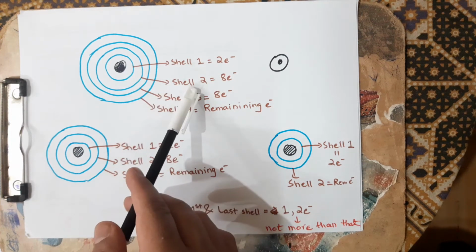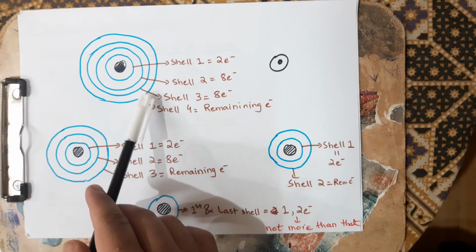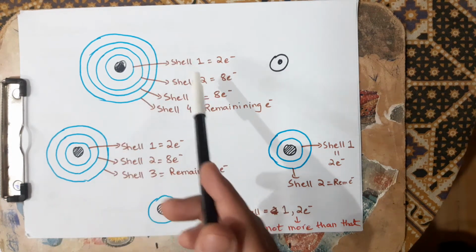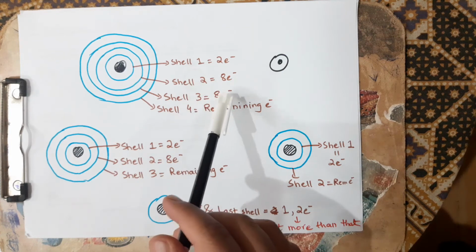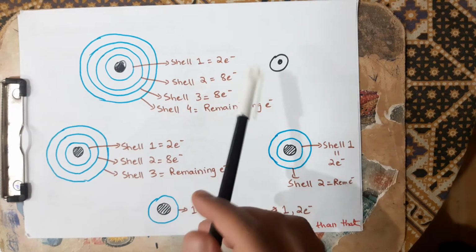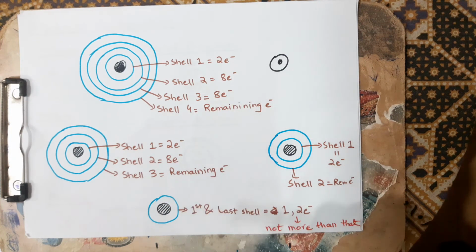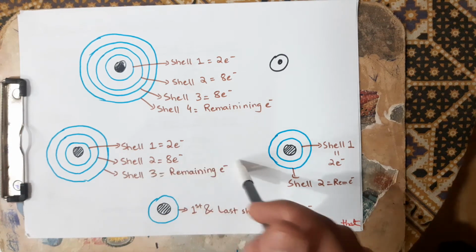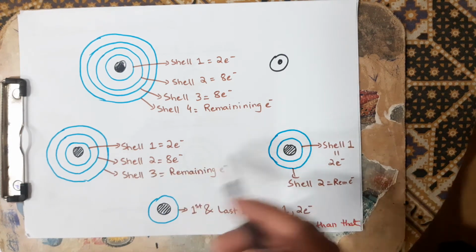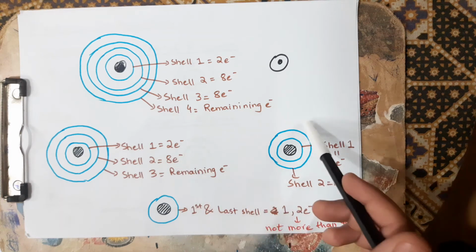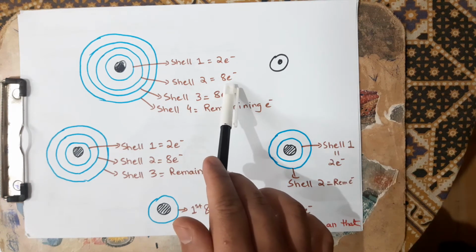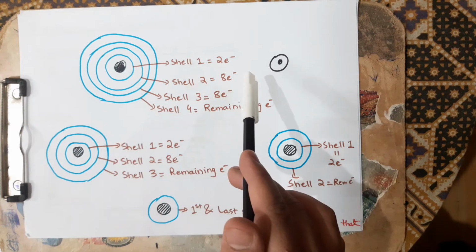So remember that in the first shell of the atom there will always be 2 electrons, and then in the second shell, whether it is the valence or the non-valence shell, there cannot be more than 8 electrons present. However, there can be from 1 to 8 electrons, but not more than 8.